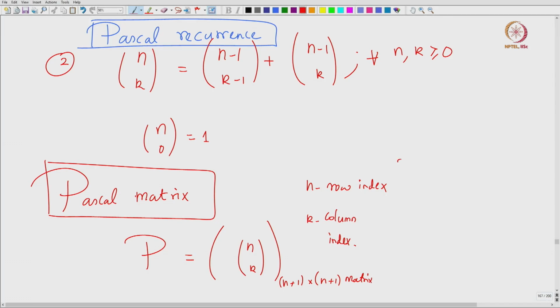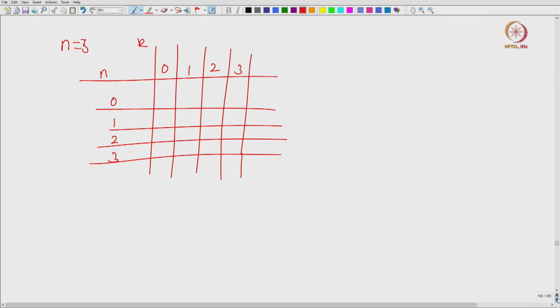Now, given this we will just fill the entries. So, when n varies and k varies we want to just take n choose k as the matrix entries. We can see that when n is 0 then except 0 choose 0 all other entries will be 0 and similarly when k is 0 all the entries will be 1 and similarly the diagonal n choose n will be 1.